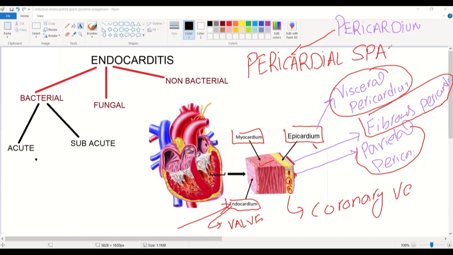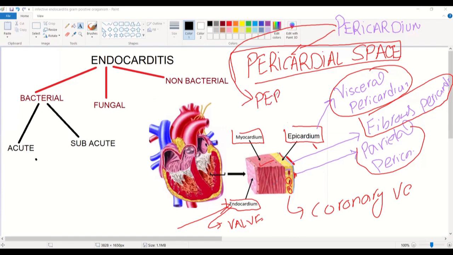That would be between the parietal and the visceral, right? So the inflammation of the pericardium is called pericarditis. We will discuss pericarditis in detail. This is again an important topic.